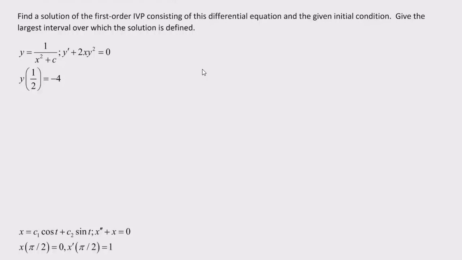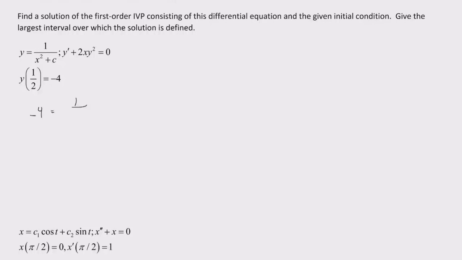Alright, so find the solution of the first order IVP consisting of this differential equation and the initial condition, and then give the largest interval over which the solution is defined. We kind of lucked into the fact that they gave us the initial function and the point that it goes through. So let's see if we can find c.